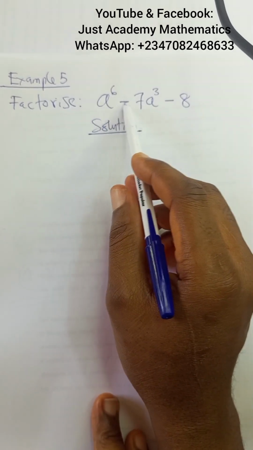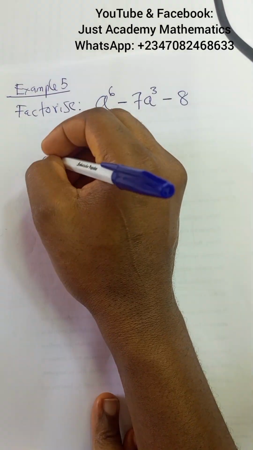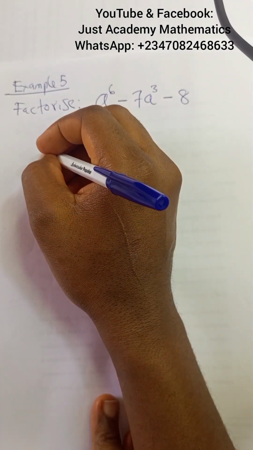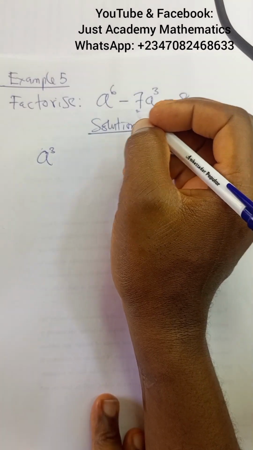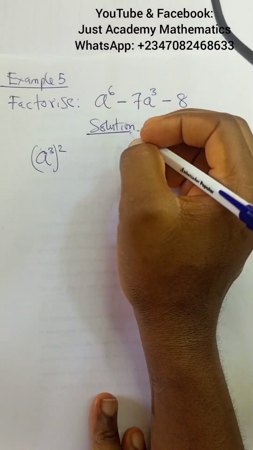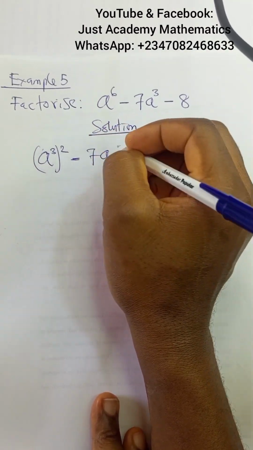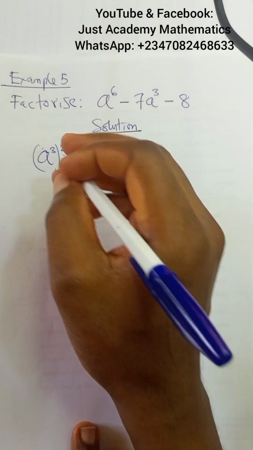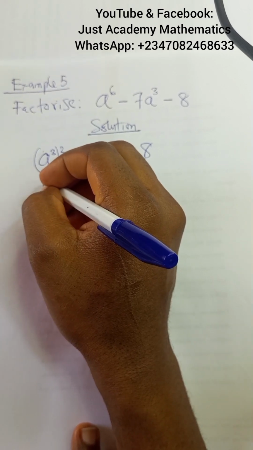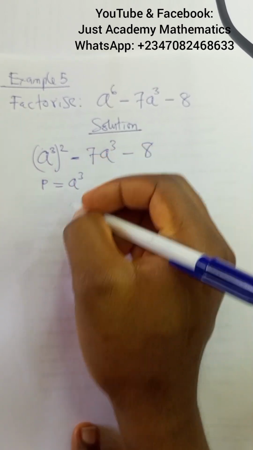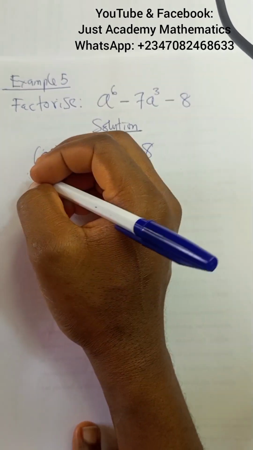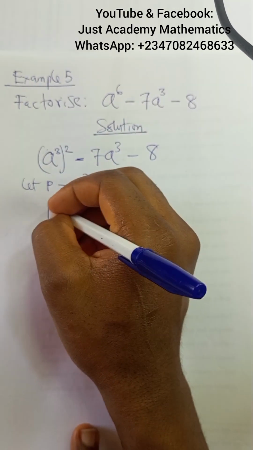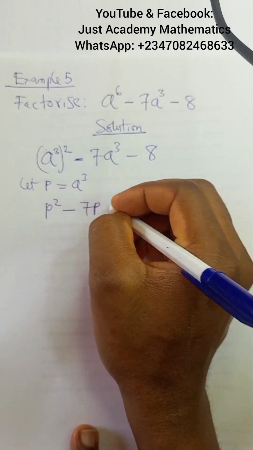I can rewrite this now as (a³)² − 7a³ − 8. By me rewriting this, I can now say that p is equal to a³. Let p be equal to a³. So if that is the case, we have p² − 7p − 8.